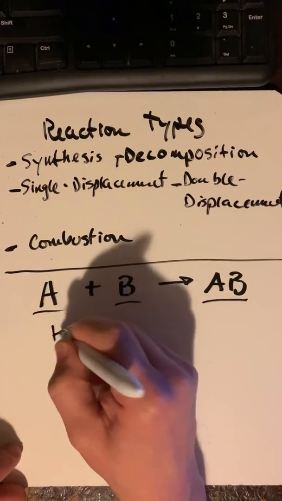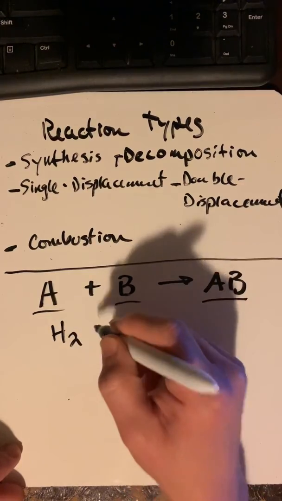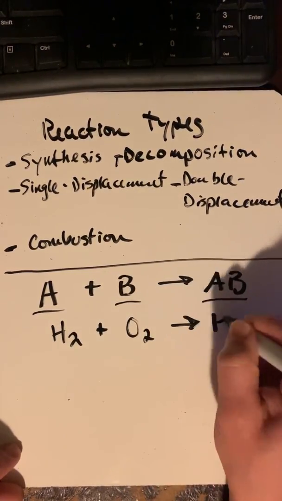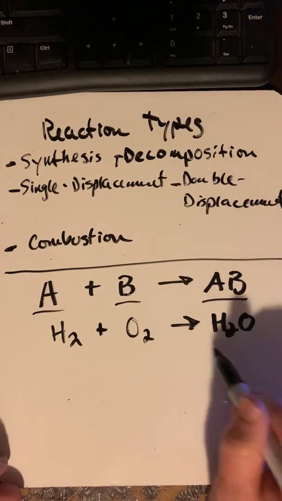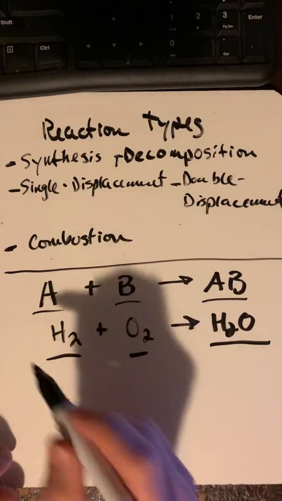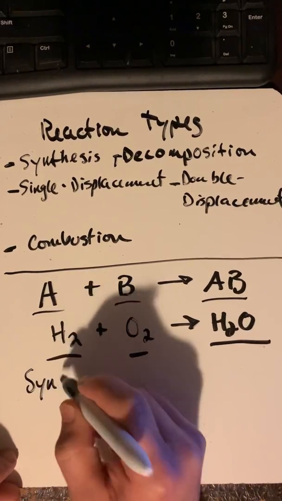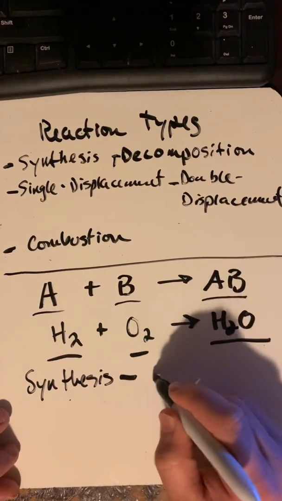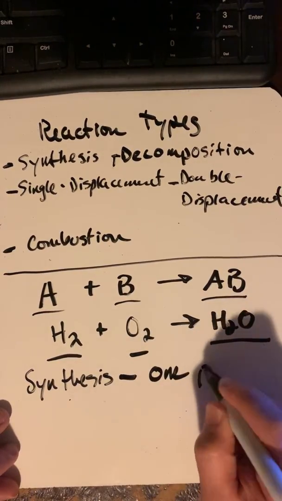So for example, if we had a reaction like hydrogen combines with oxygen to form water, because there's 1 product here and more than 1 reactant here, the only type of reaction it could be would be synthesis. So for synthesis, look for 1 product.